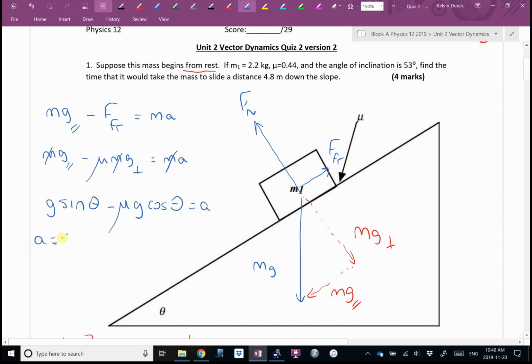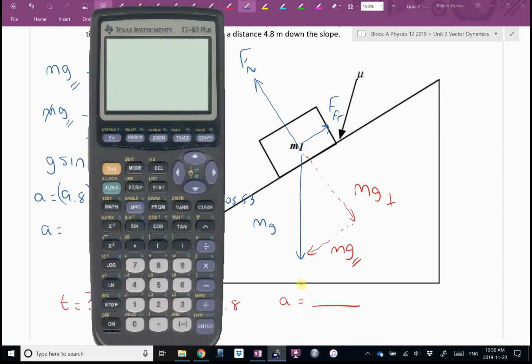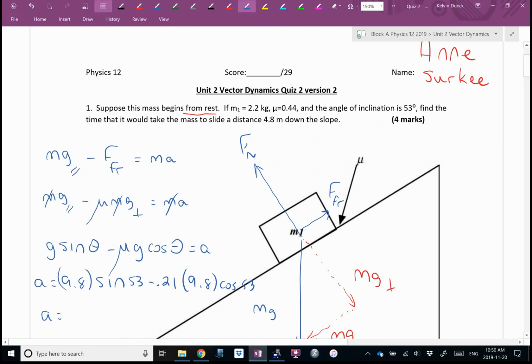The acceleration is going to be 9.8 sine 53 minus 0.21 times 9.8 cos 53. Oh, it's 0.44, I don't know where the 0.21 came from.